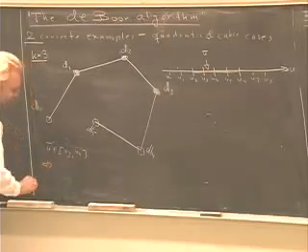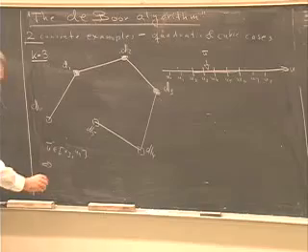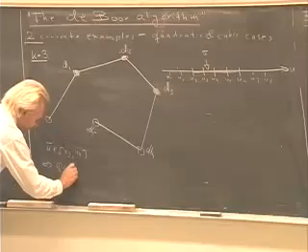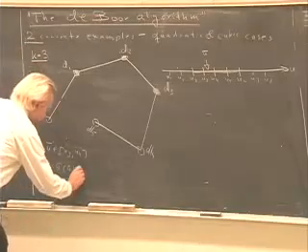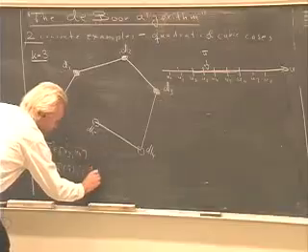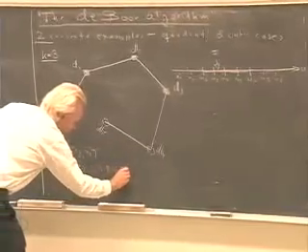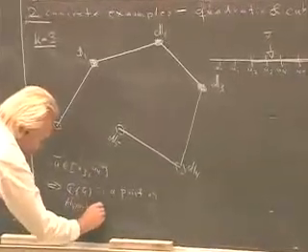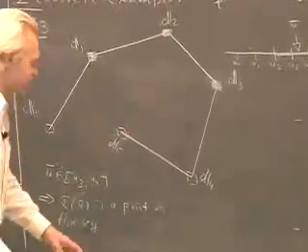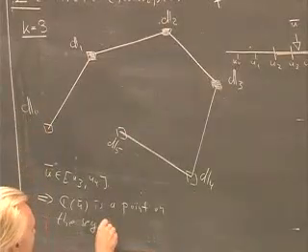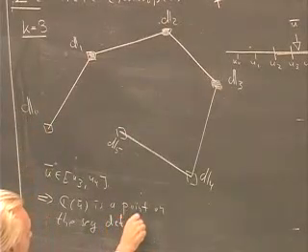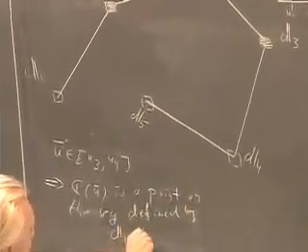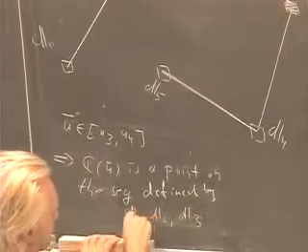Therefore, I'm dealing with the second segment. The curve point, C of U bar, C for curve, is a point on the segment defined by D1, D2, D3.